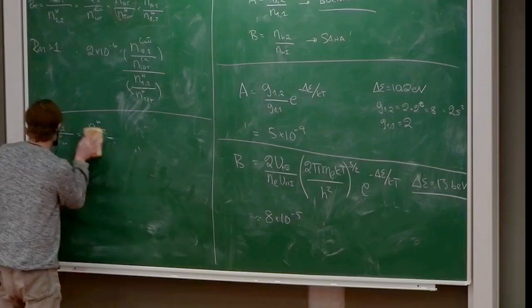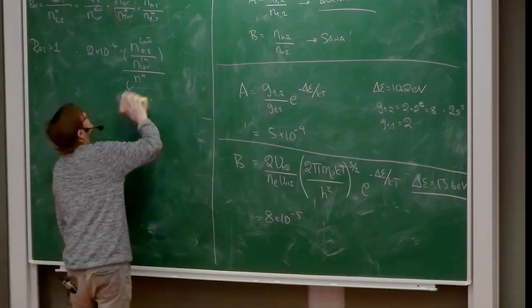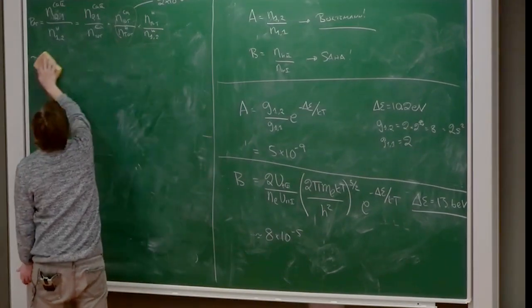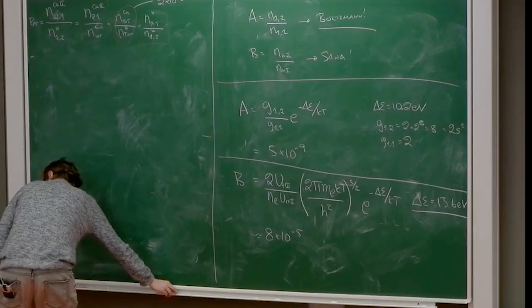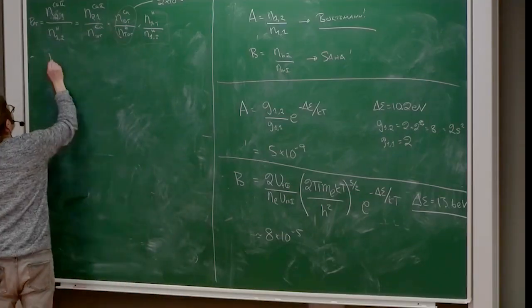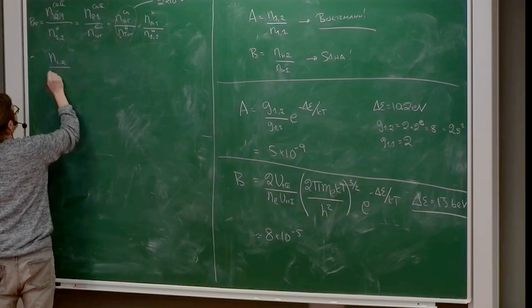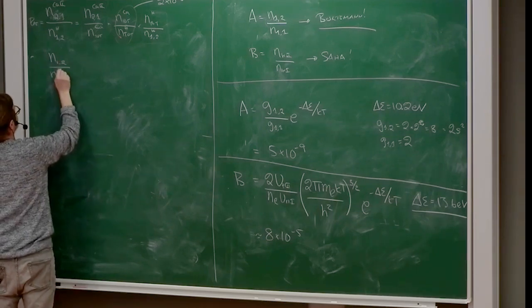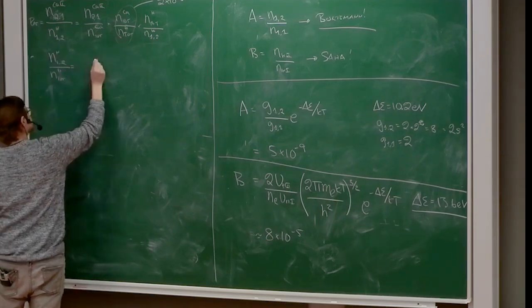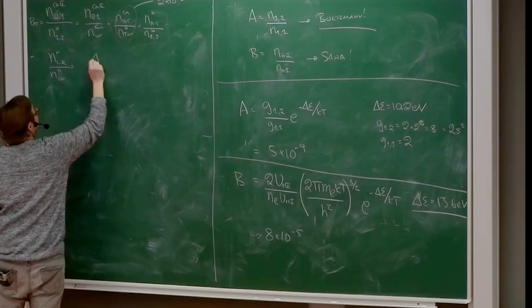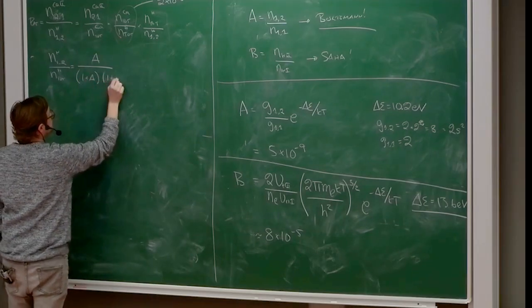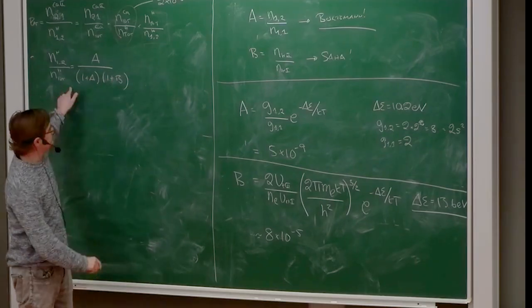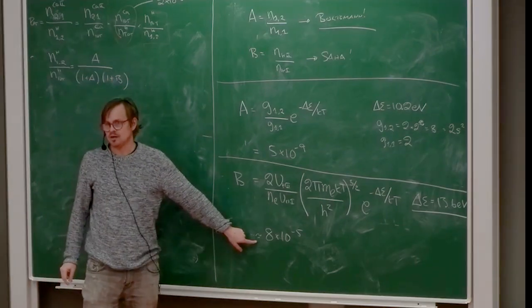All right, and now I erased my ratio. That was not very clever of me. But I had that N_12 divided by N_tot of hydrogen was, in this case, A over 1 plus A plus B. But we have seen that A and B are all very, very small.